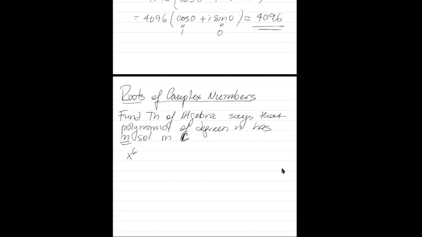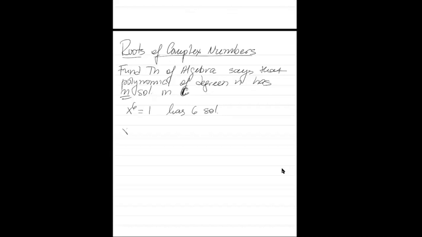So x to the 6 equals 1. It's an equation of degree 6, so it has 6 solutions. All right, let's see that. x to the 6 minus 1 equals, let's factor it.